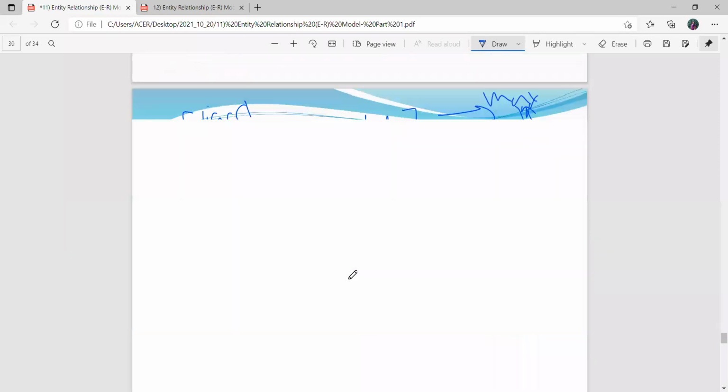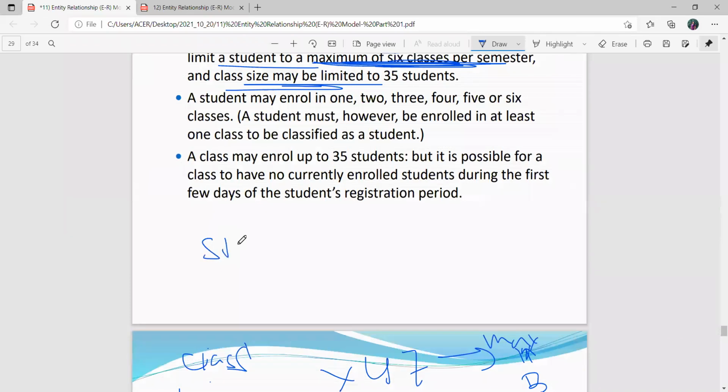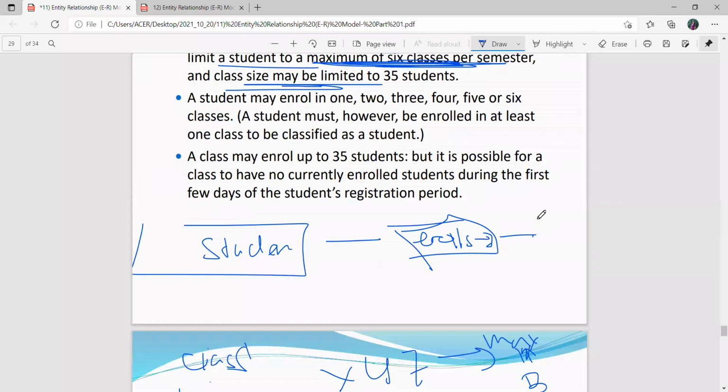You can see this relationship is student enrolls, sorry, this is Enrolls. This should be in capital letters. Okay. It's difficult for me to write capital letters. That's why I write it like this. So this is the class.